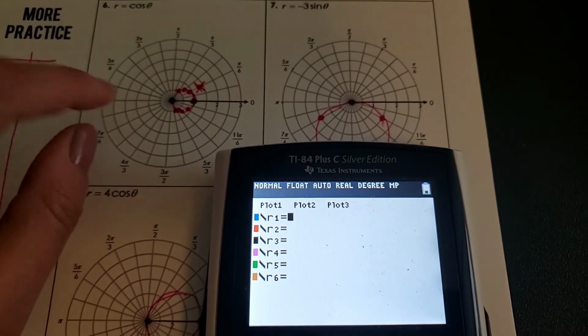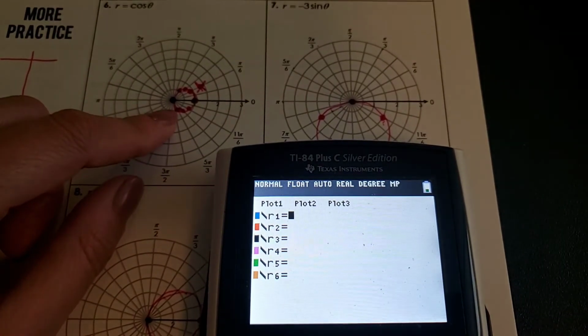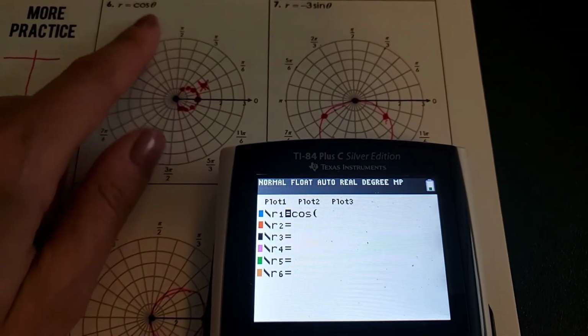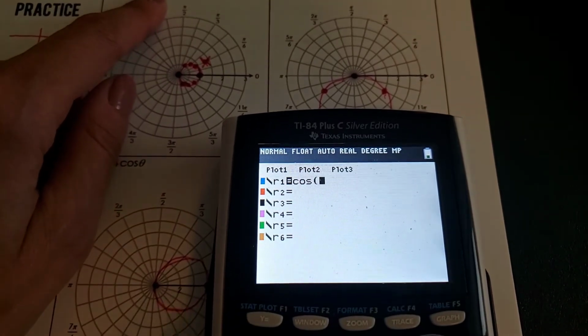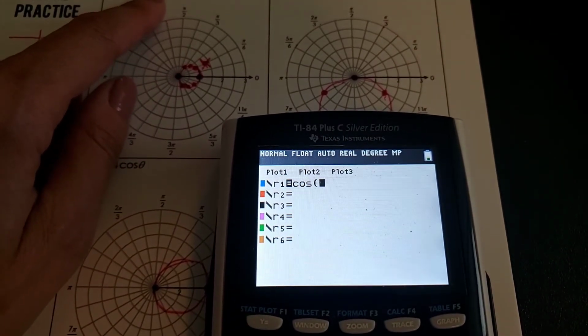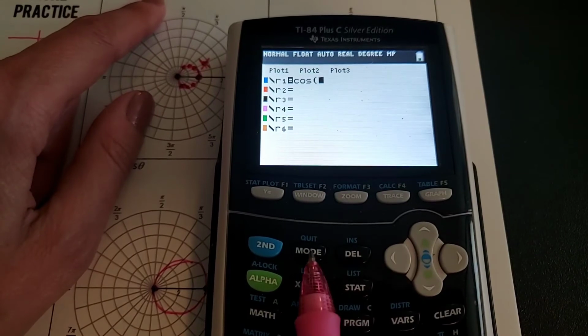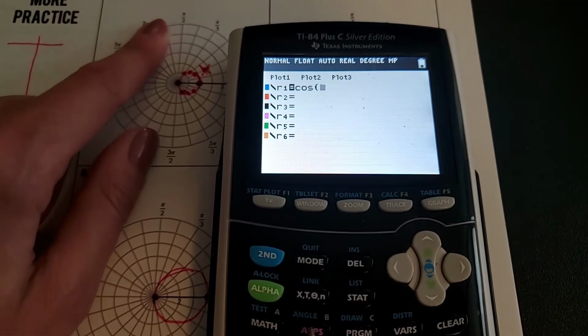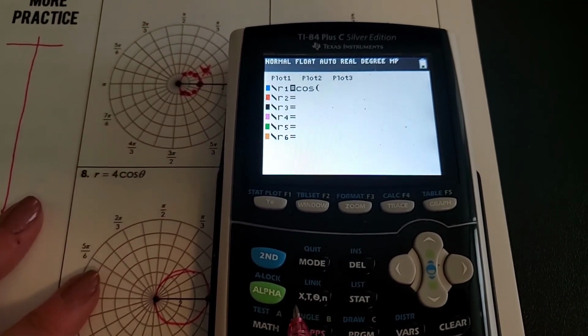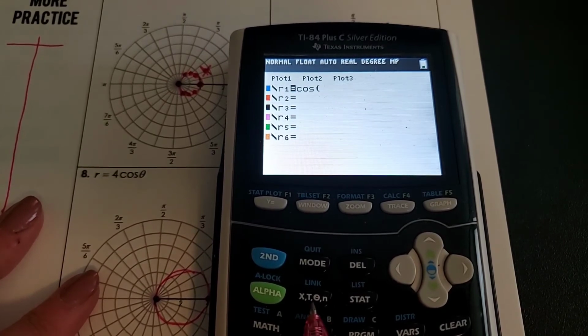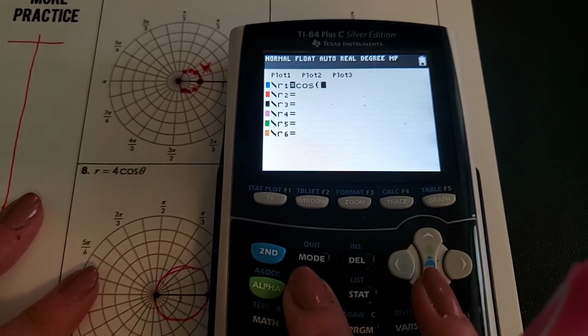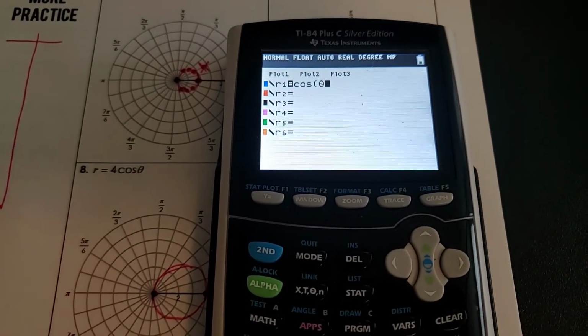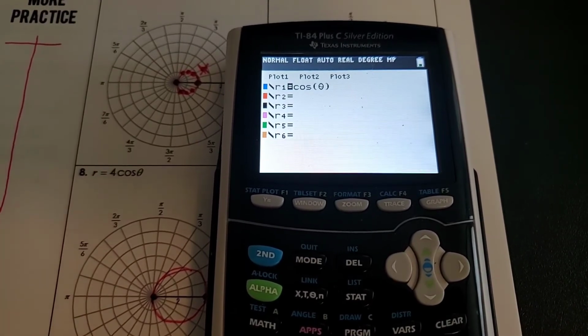So if I want to look at r equals cosine of theta, well, how do you get theta? Well, because I changed the mode on my calculator, this button has switched from being X to being theta. So if I press that, I actually just get my theta.